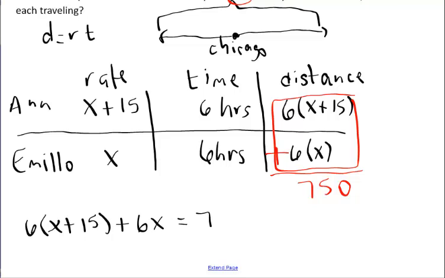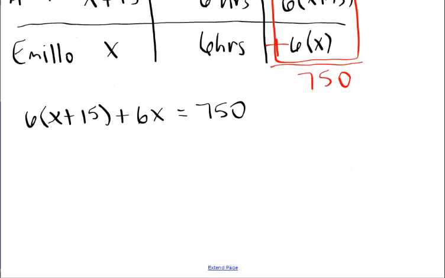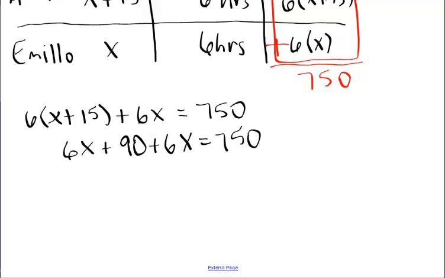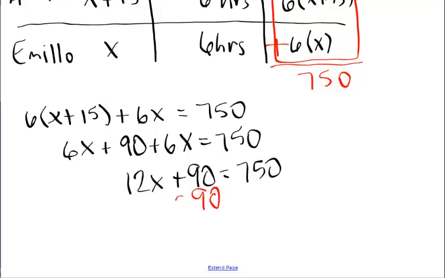So the actual math problem we're looking at is this one. And again, follow all your rules of math. 6 times x is 6x, and 6 times 15 is 90. Combine your x's. Subtract the 90 from both sides so that you can isolate the x.